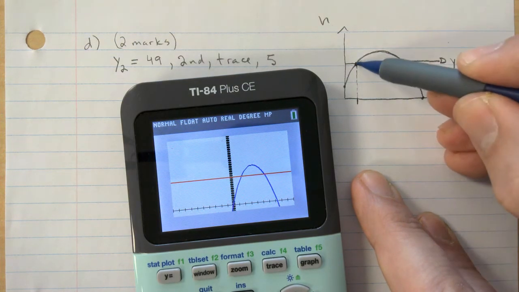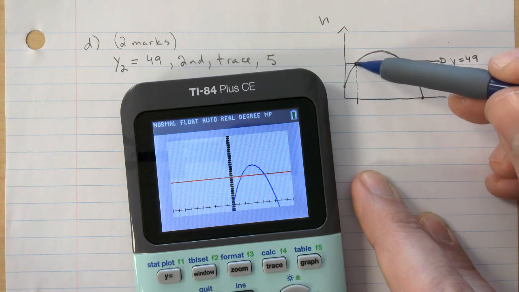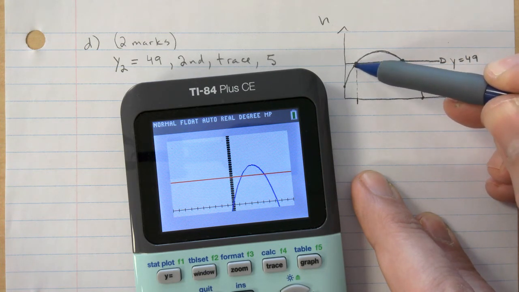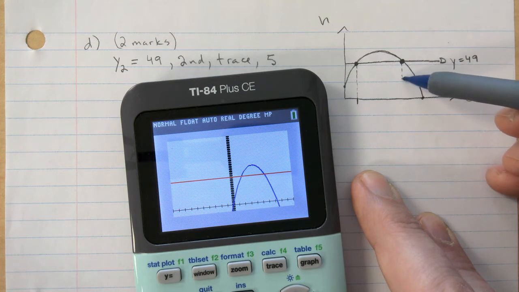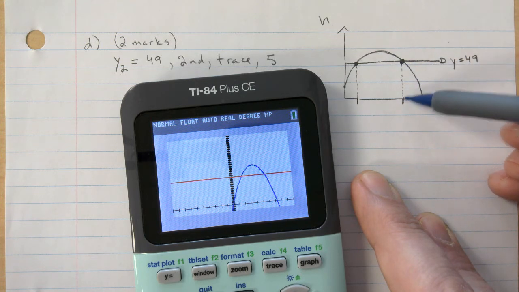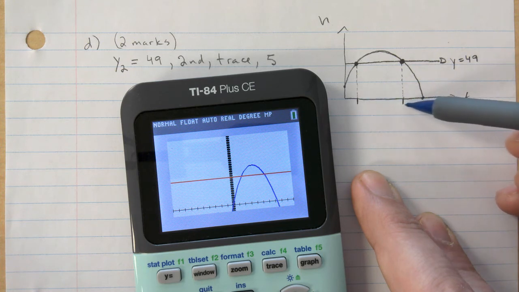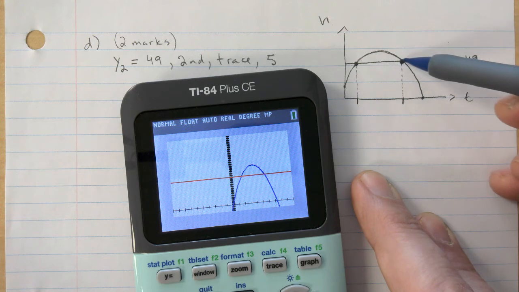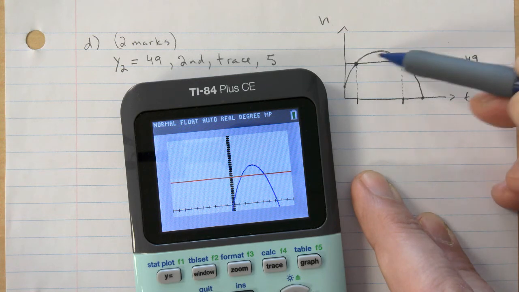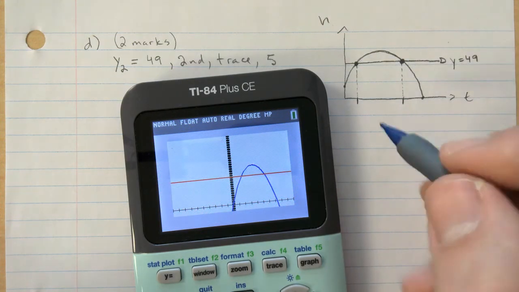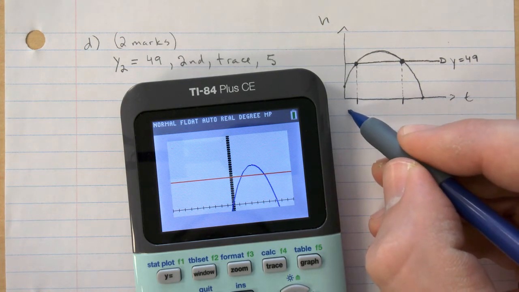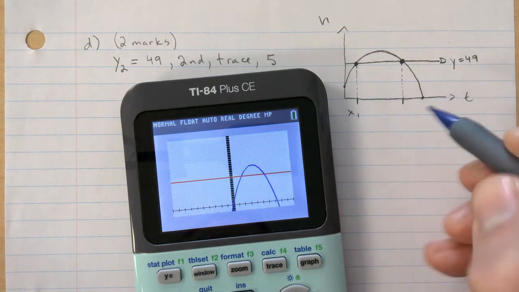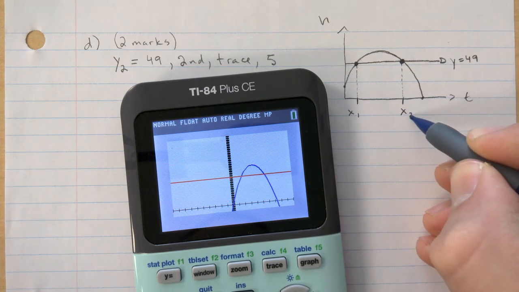Okay? So the time that went by from the first instance on your way up and on your way back down, right? This is the time that we're going to have to figure out. How long did it take to go from here to here? Okay? So what we do here is we find what I call time 1 or x1. Right? We can call this x1 and this we call x2.